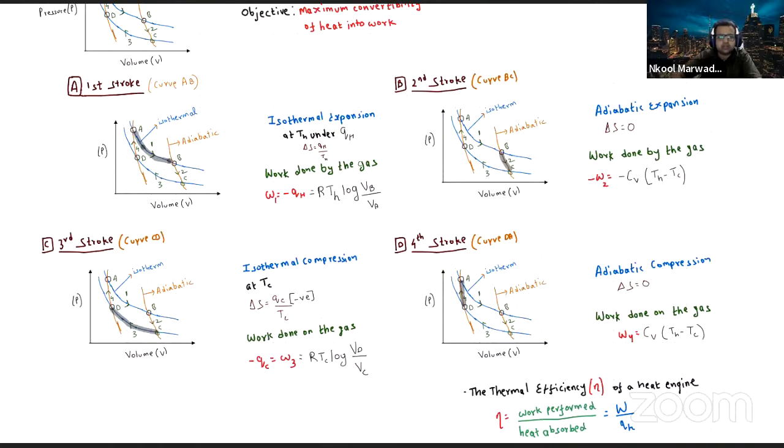In the first stroke, the gas is in contact with the heat source. And I can call that heat source QH.